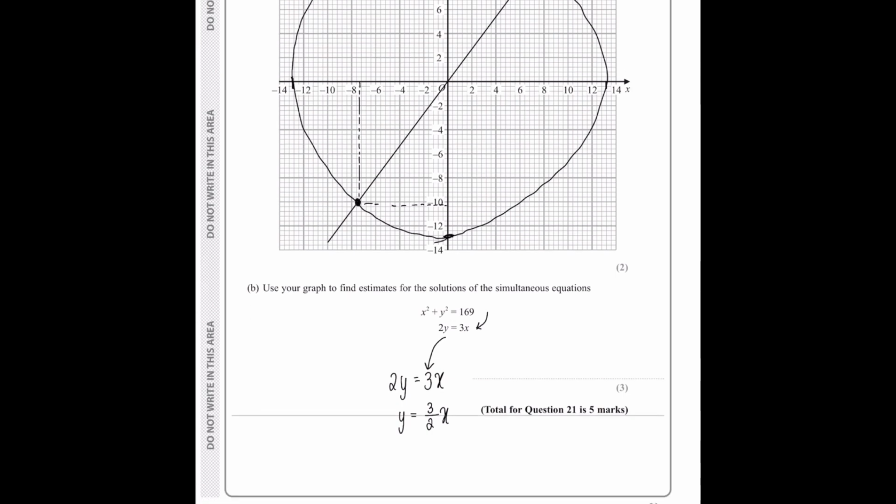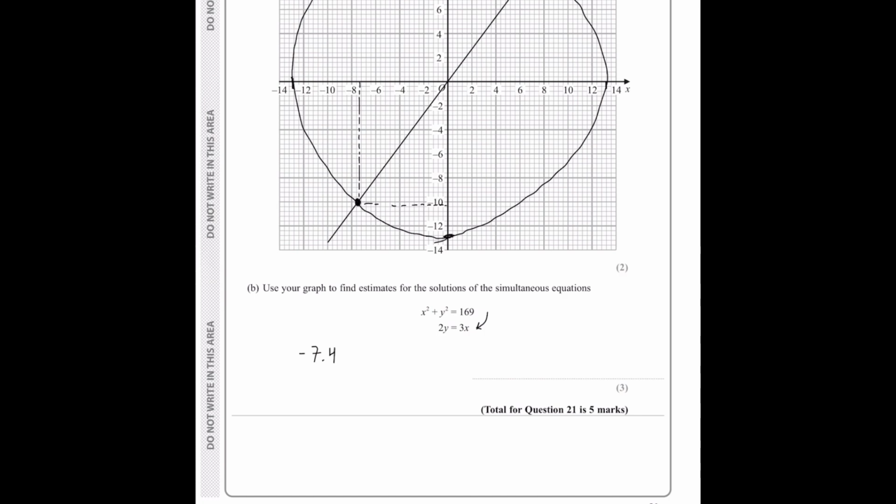So the best thing to do here is to just think sensibly, what is good for an estimation. So if we look very closely, we get some sort of value of around negative 7.4.